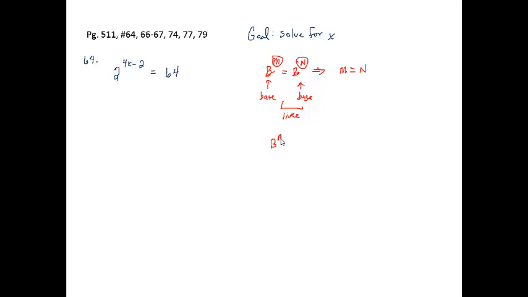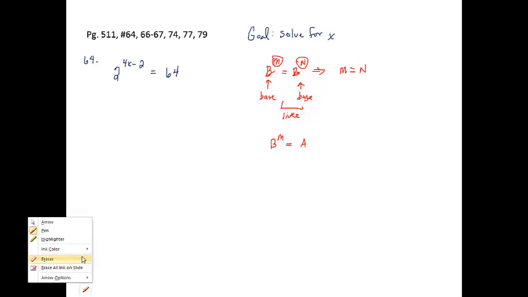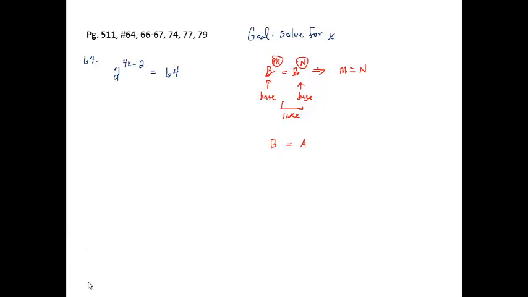So if I have b raised to the x power equals a, and I was trying to solve for x, well, remember, we could take the natural log on both sides.